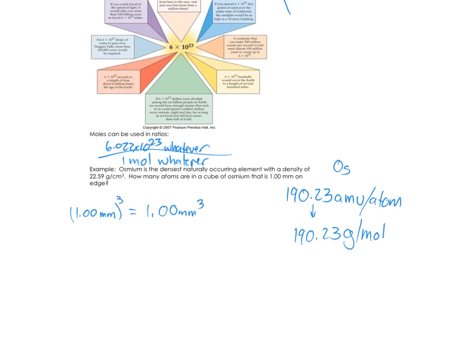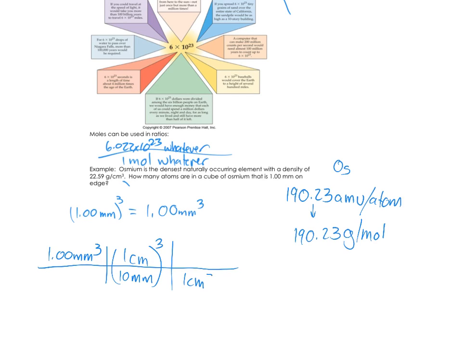Let's start doing some dimensional analysis. So 1.00 millimeters cubed. I need to get the centimeters cubed. So for every 10 millimeters, I have 1 centimeter. I need to cube that whole thing. And then for every 1 cubic centimeter, I have 22.59 grams.